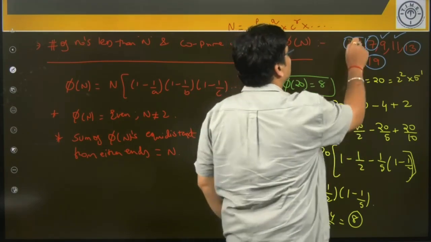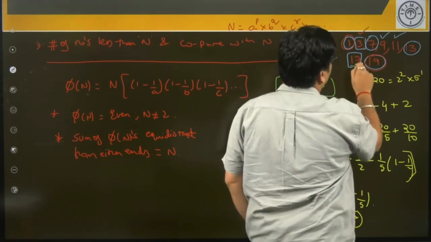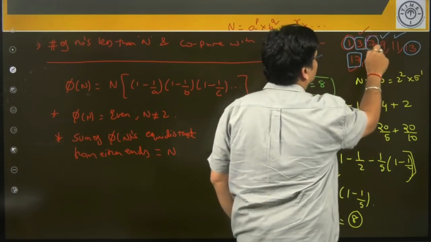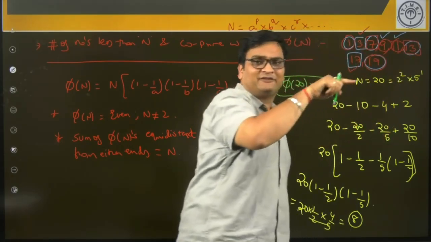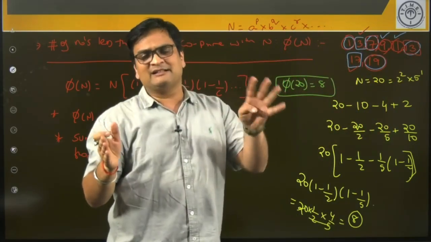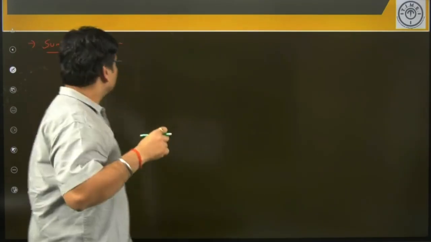Yes, for example, this pair here is equal to the number itself, this pair here, this here again, and this here as well. So if there are 8 numbers in the list, there will be 4 pairs and each pair will be equal to the number itself.